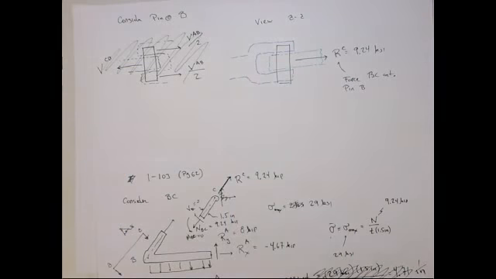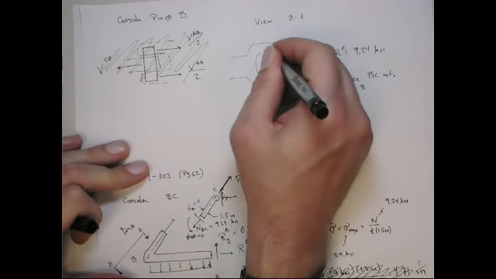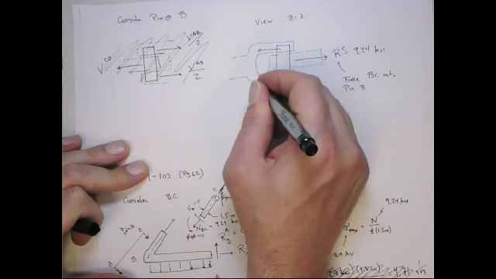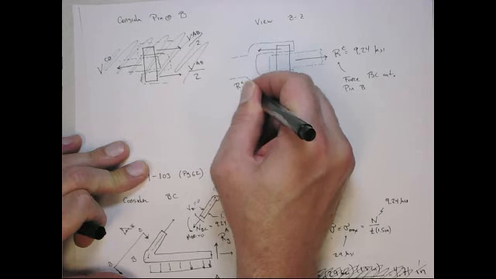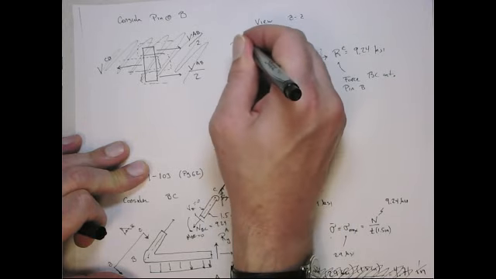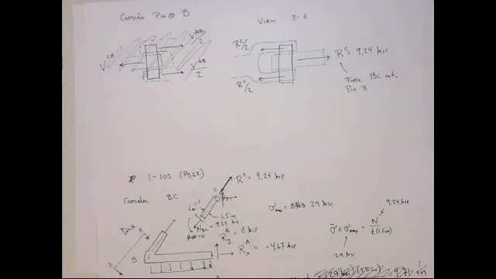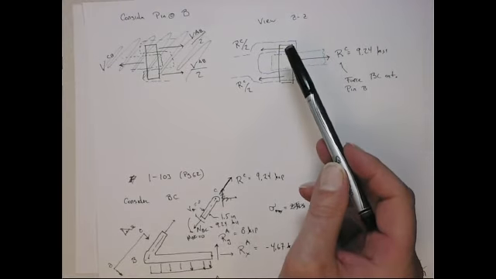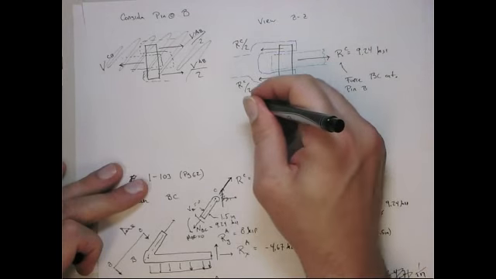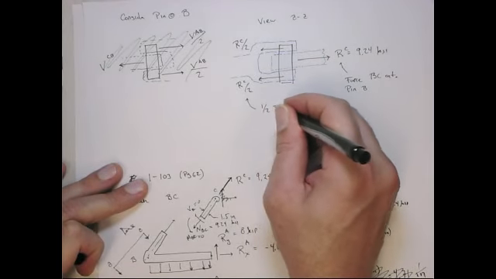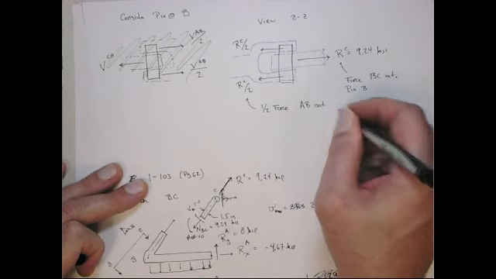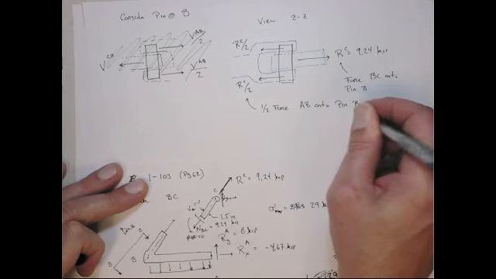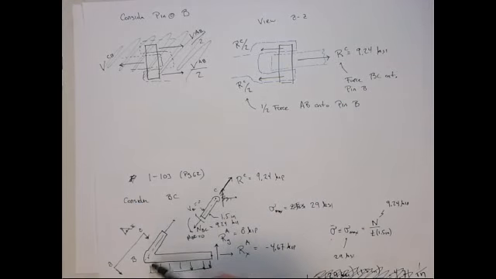So it exerts, assuming it's distributed evenly, half the force here and half the force here. Okay? So this is actually going to be RC over 2, and this is going to be RC over 2. All right? This is actually the reaction, this is the force, or I should say this is 1/2 of the force of element AB onto pin B.